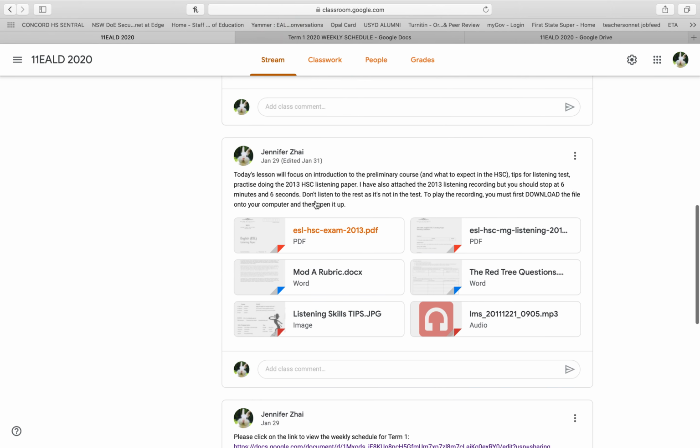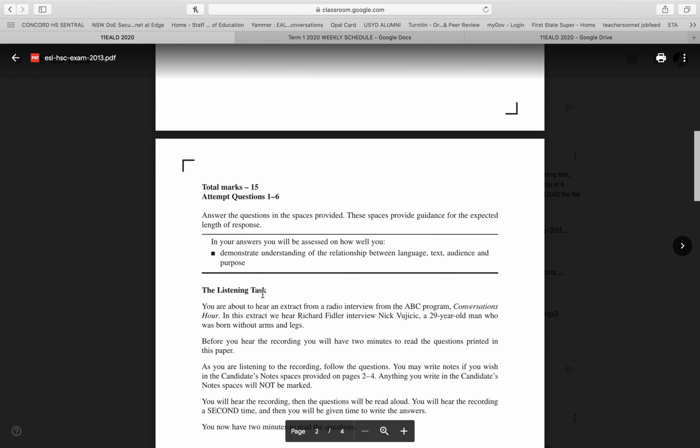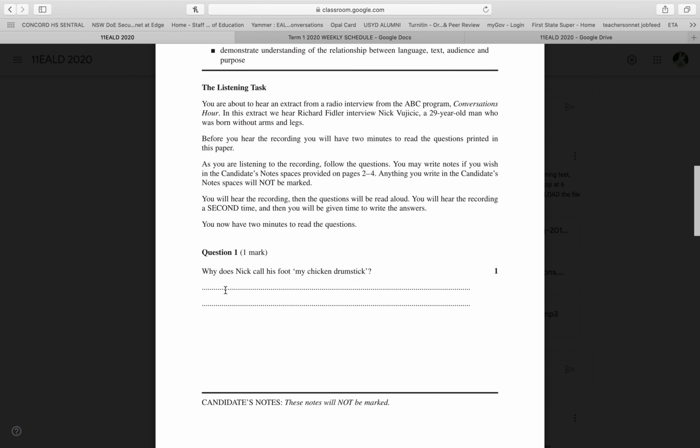And then if you scroll further up, in our first lesson we looked at the 2013 HSC listening paper with the listening skills tips. These are the two that you need to download right now and print, because you will be required to make notes on your paper.